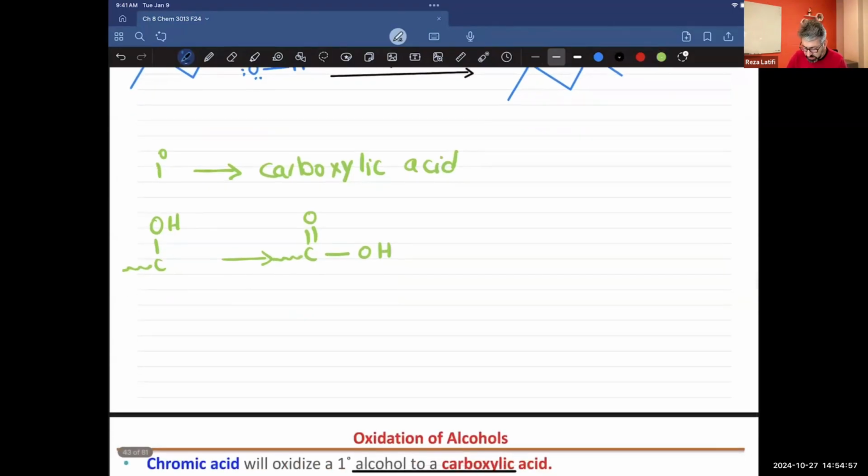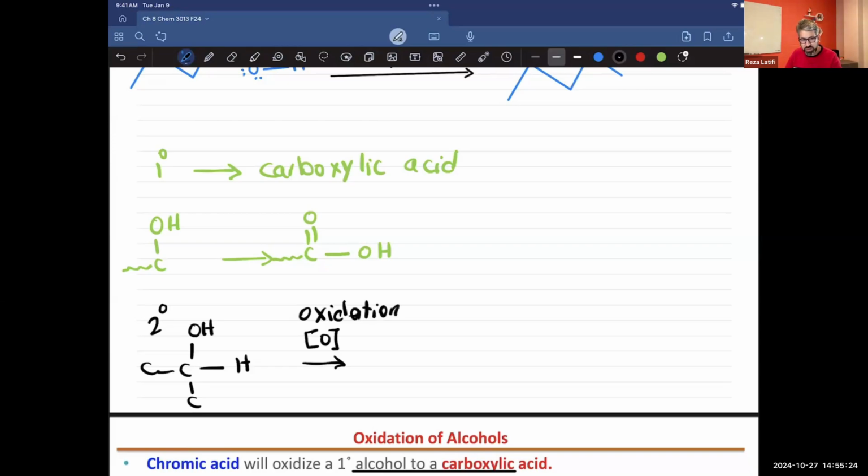And if it's a secondary alcohol, let's say we have a carbon attached to two carbons, and there is an OH here. In this case, we have only one hydrogen. Because I have only one hydrogen, oxidation is going to run through only one step, and O between two brackets means oxidation.